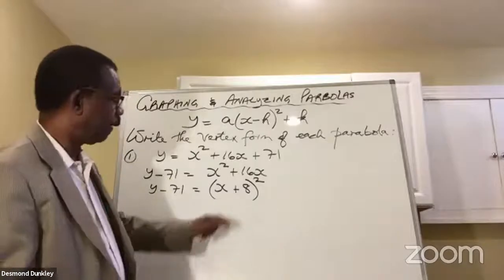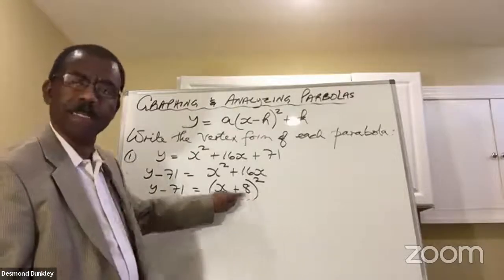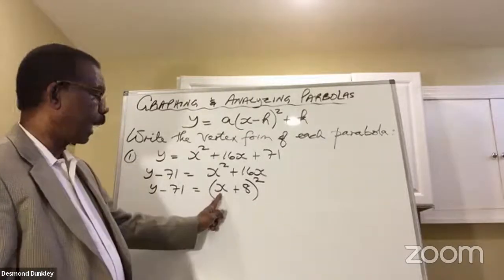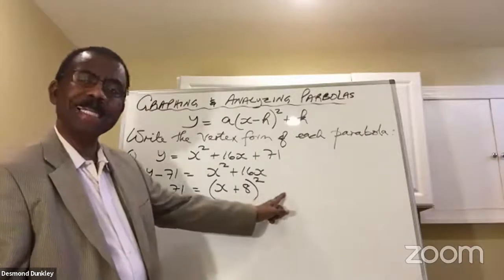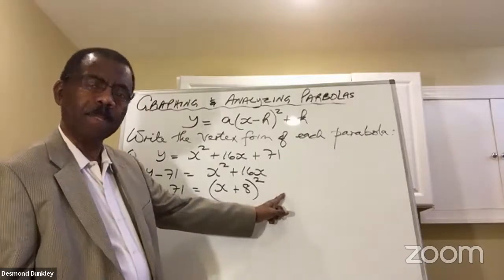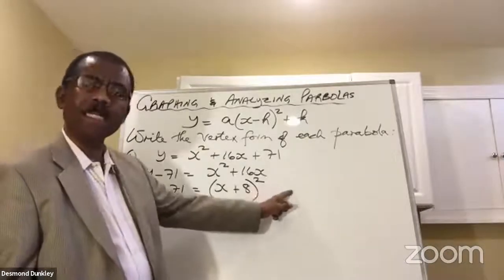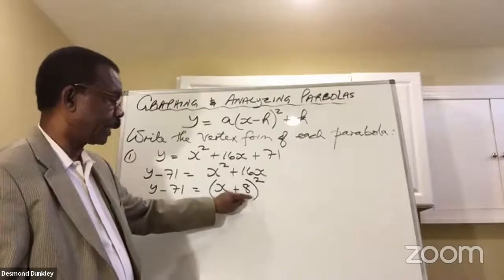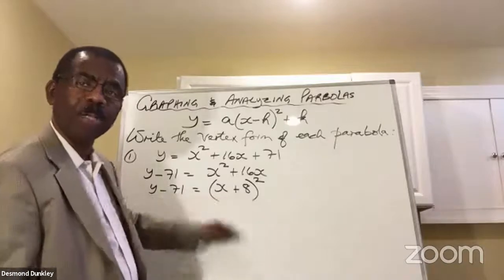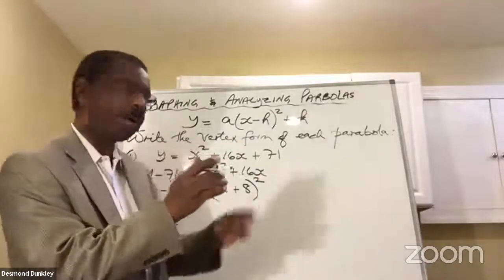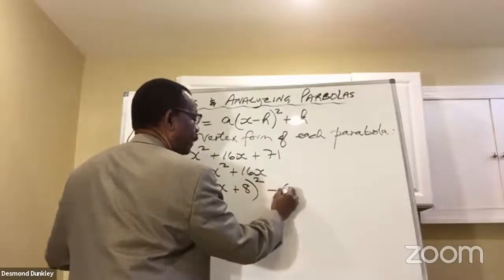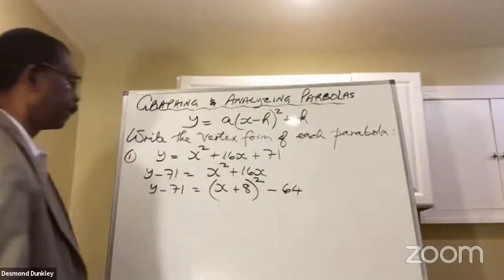But if we did this, we would end up with x squared plus 16x plus 64. So this creates an extra 64 from this expression. In order for us to keep it equivalent to what it was before, I need to subtract 64 from this.